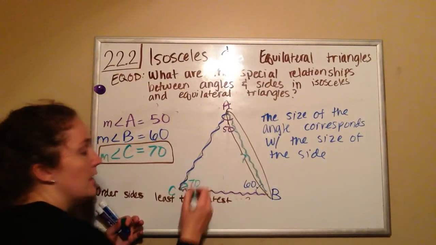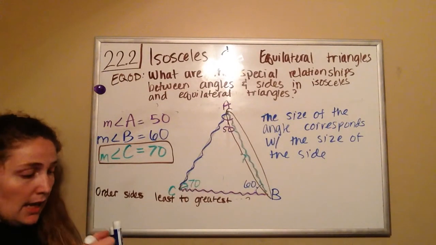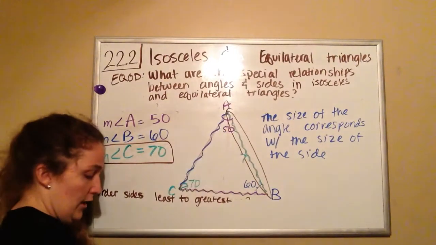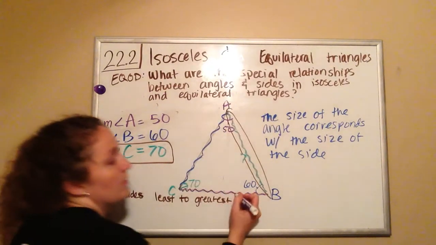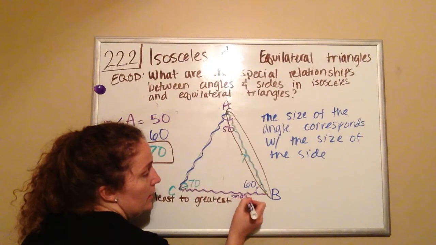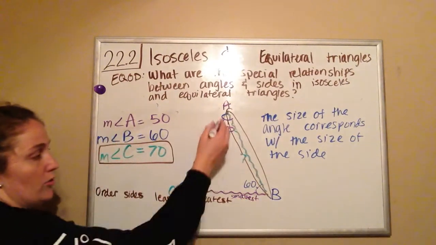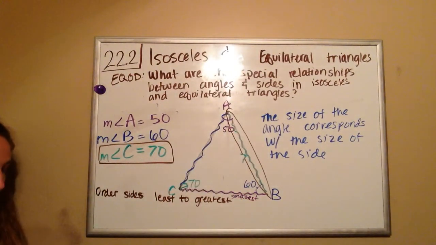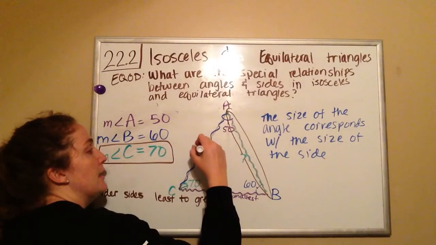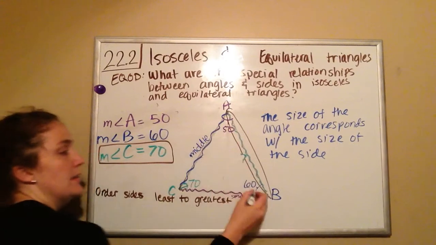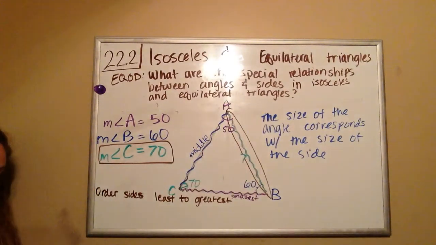Which tells me that my smallest side is going to be across from the A. So this is going to be my smallest side. It's across from my A, smallest angle. My medium side, or middle side, is going to be across from my 60. That's my middle side.